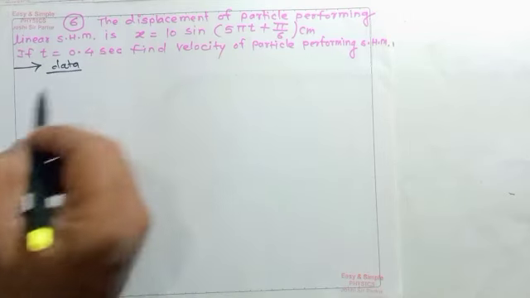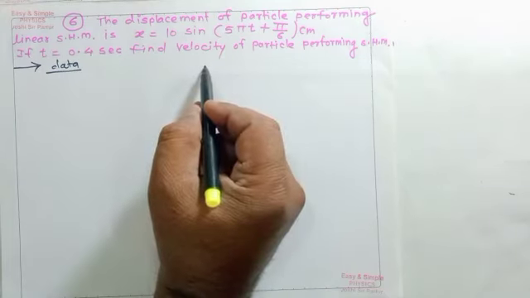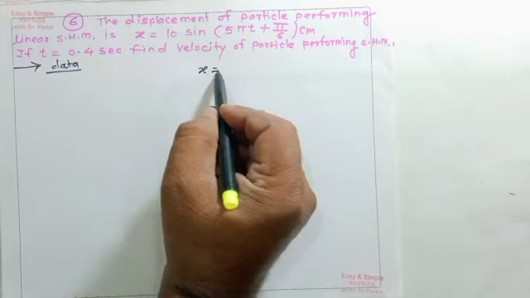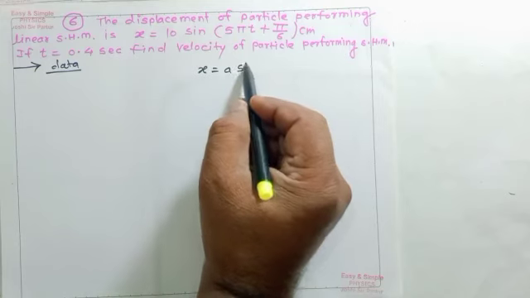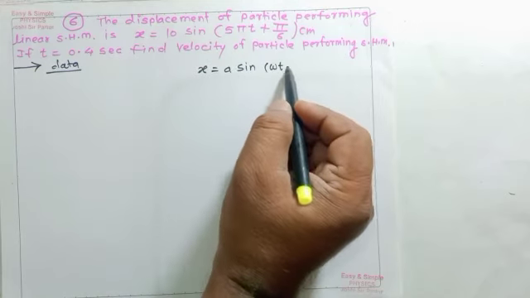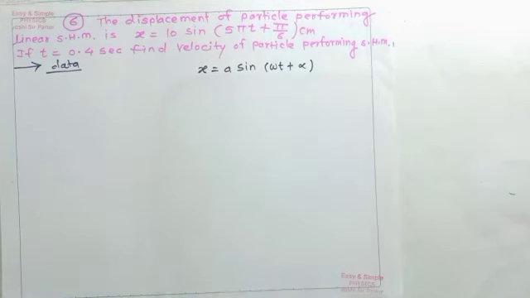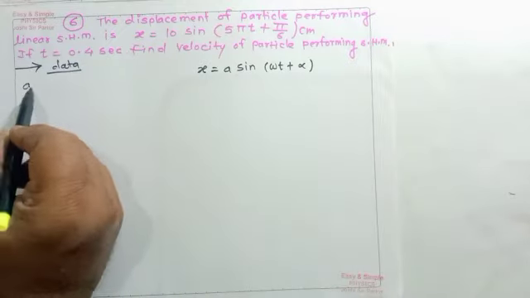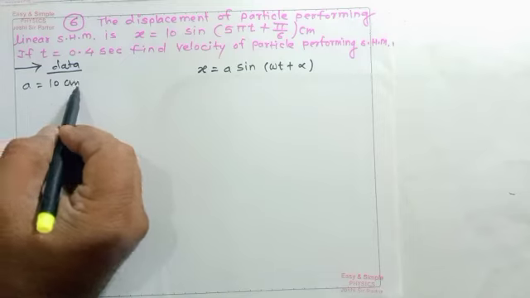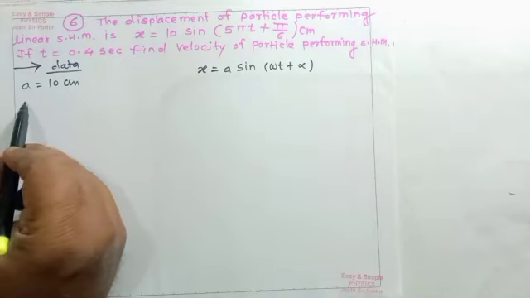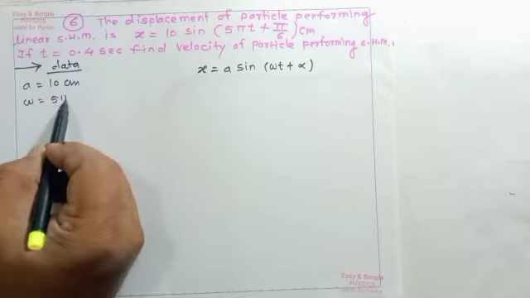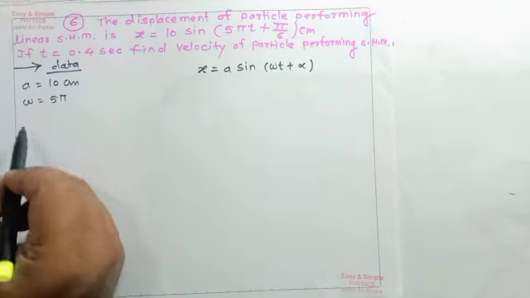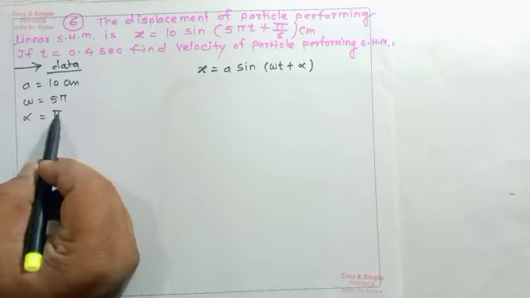Here we know that the formula for displacement is x equal to a sine of omega t plus alpha. Comparing the equation, the amplitude a is given as 10 centimeter, omega is given as 5 pi, alpha is given as pi upon 6.